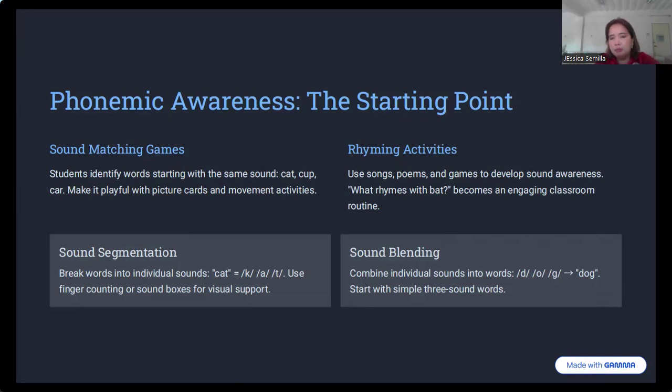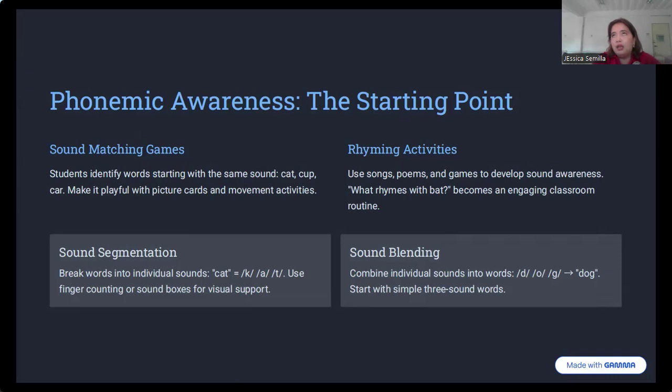Vocabulary means meaning. So another one is rhyming activities. If you're going to look at it, most classroom teachers or reading teachers use songs, poems, and games to develop sound awareness.